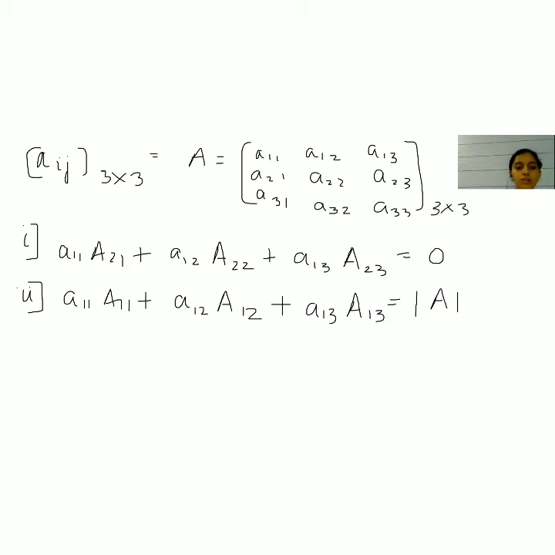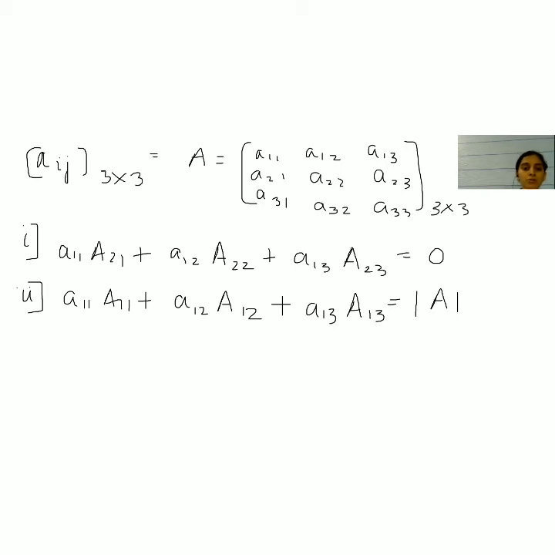Now just look at the first condition. We are going to use the standard notation of the matrix to solve this. What is capital A stand for? It is cofactors, and small a stands for the elements. Secondly, observe the two conditions. In the first condition, A11 is not multiplied with its own cofactor.